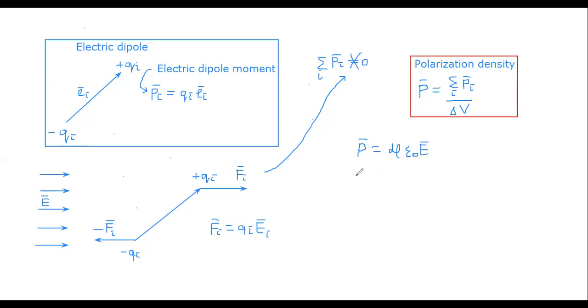Where kappa is a property of the dielectric, and it is called electric susceptibility.